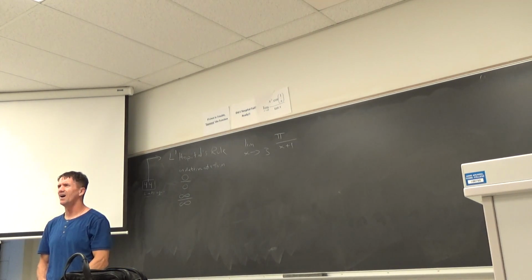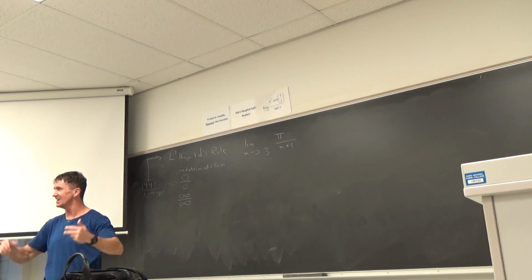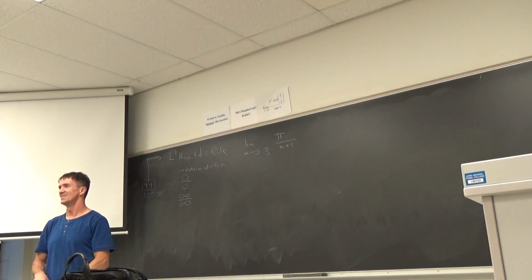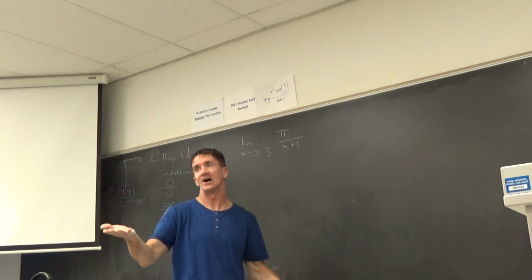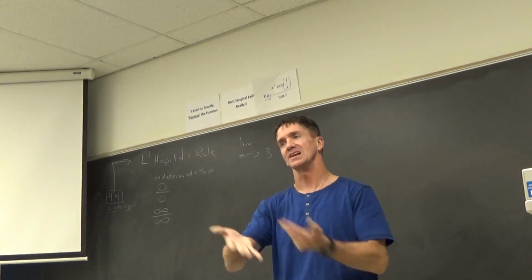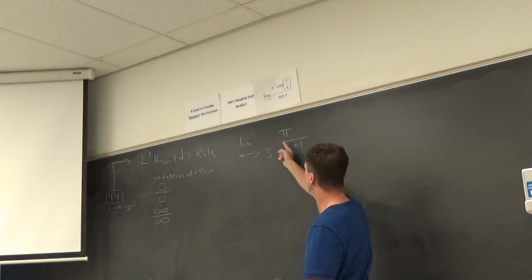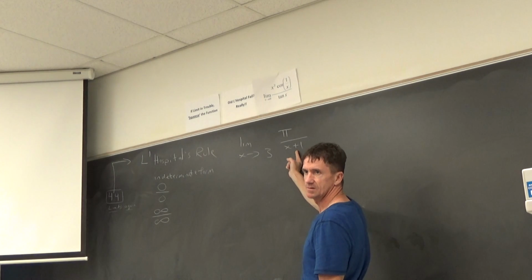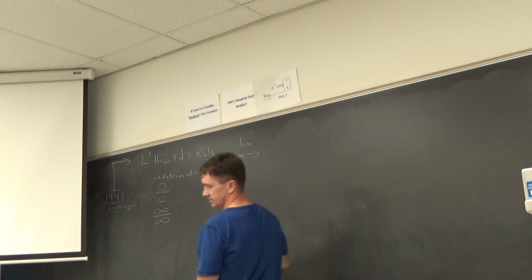No. It's pi over 4. Don't you just plug it in? Yeah. Always keep that in mind. Don't think everything's L'Hopital's rule. That's the bad part when you get a section like this: it seems like every problem needs it. Right there I just substitute 3. Pi over 3 plus 1 is pi over 4. That's the answer.